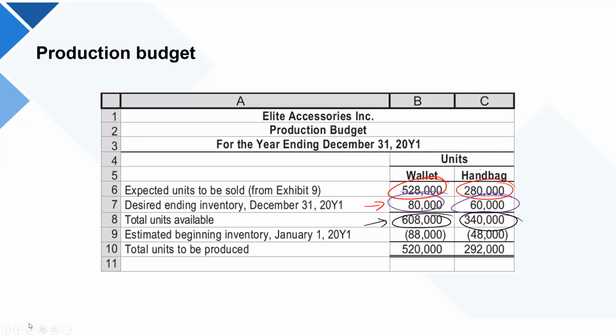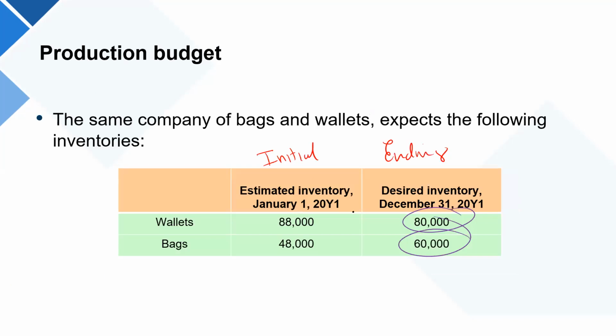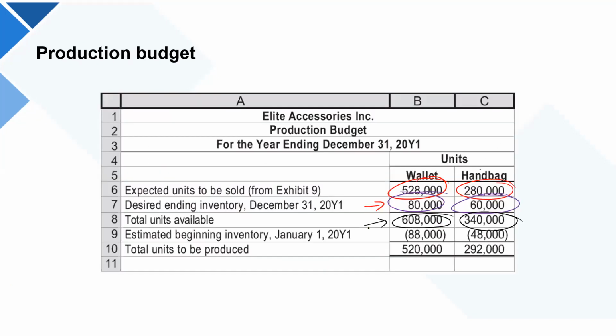And the units that I'm going to produce are the difference between those units that I need and the units that I already have as initial inventory. Because I already have these units, I don't need to produce them. So I subtract them. The result is going to be the total units to be produced.